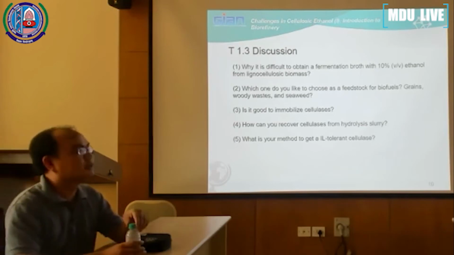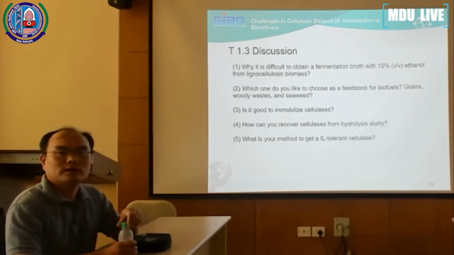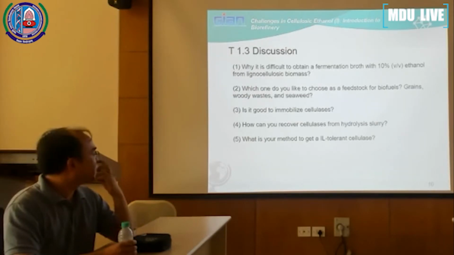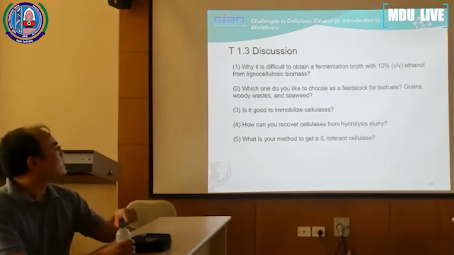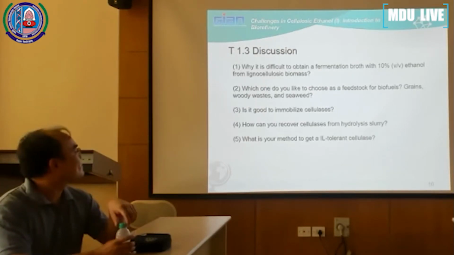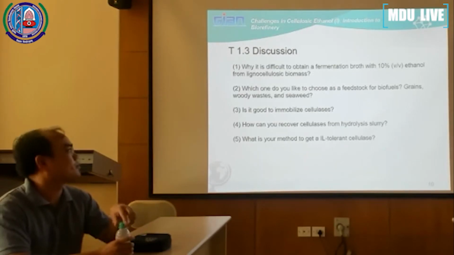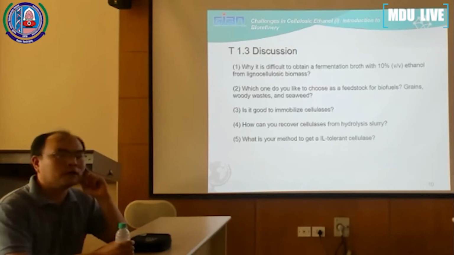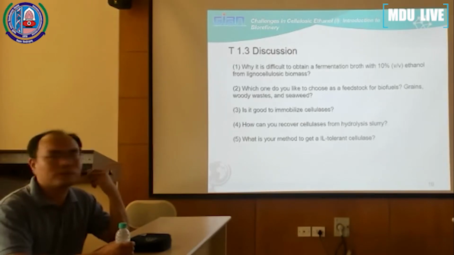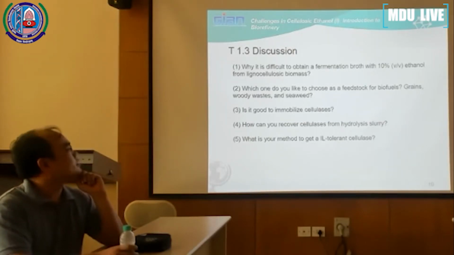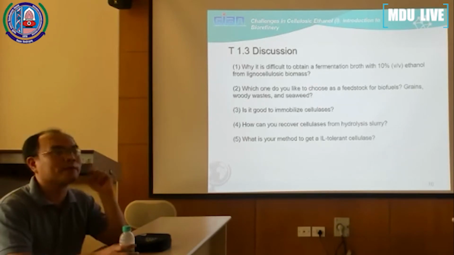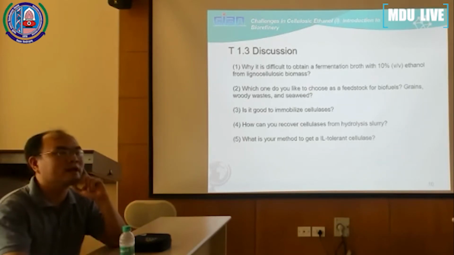So now this panel is open for discussion, and if you have any query, you can ask the student. For the first question, it is very difficult to ascertain fermentation with 10% ethanol content. In the year 2016, one research group accomplished this ethanol content and published the paper in the journal EES.